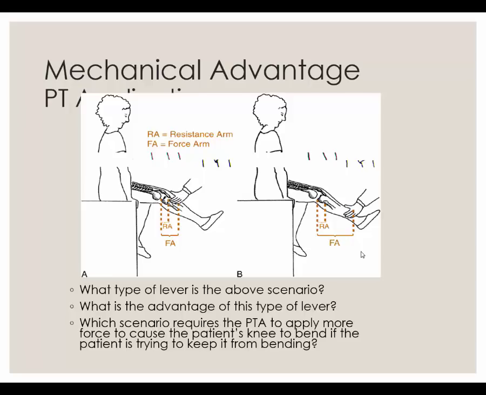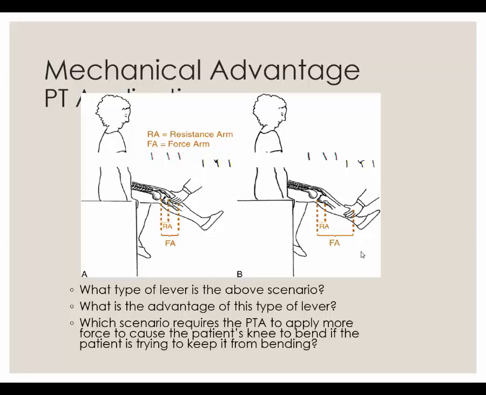This is that same scenario we've been talking about. What type of lever, first of all, is in the above scenario? What's the advantage of this type of lever? And which scenario requires the PTA, or physical therapist assistant, to apply more force to cause the patient's knee to bend if the patient is trying to keep it from bending?